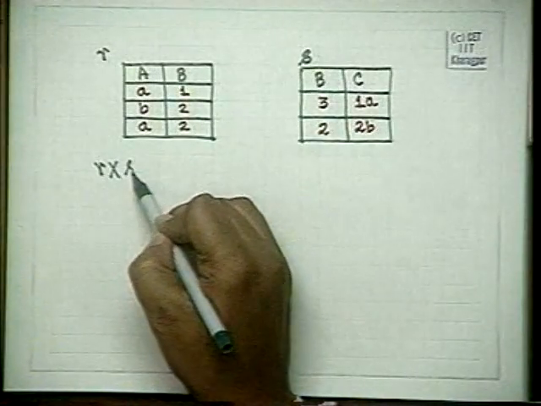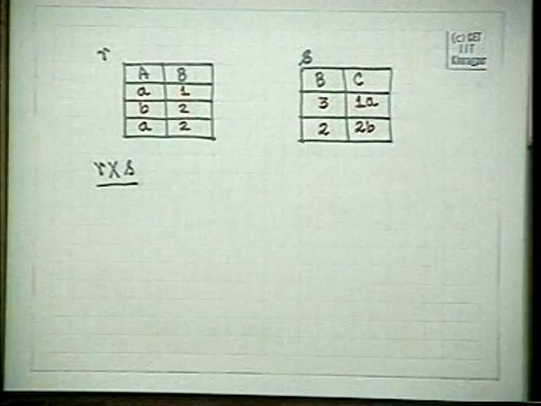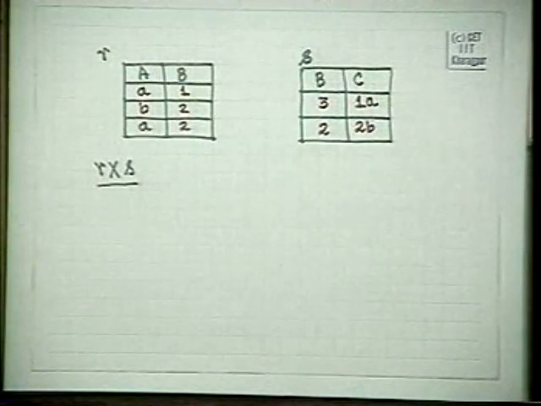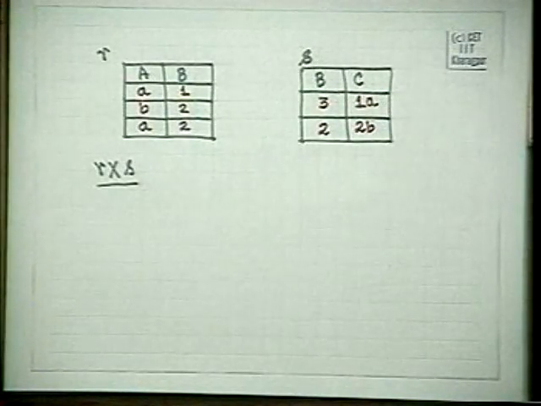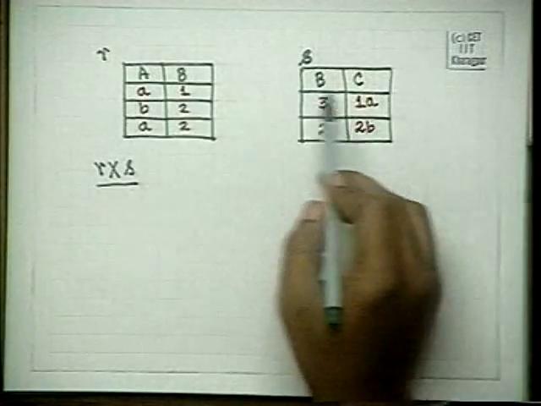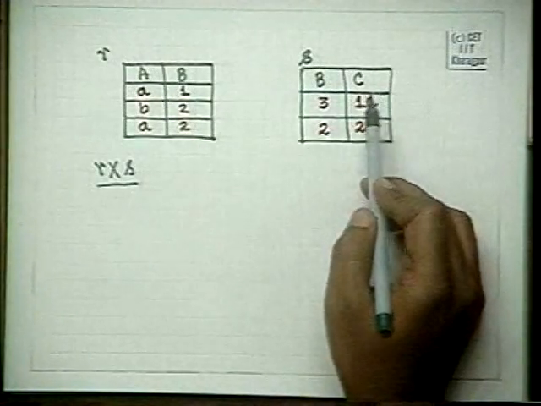Firstly, R cross S will have 4 attributes. 4 attributes, not 3 attributes.